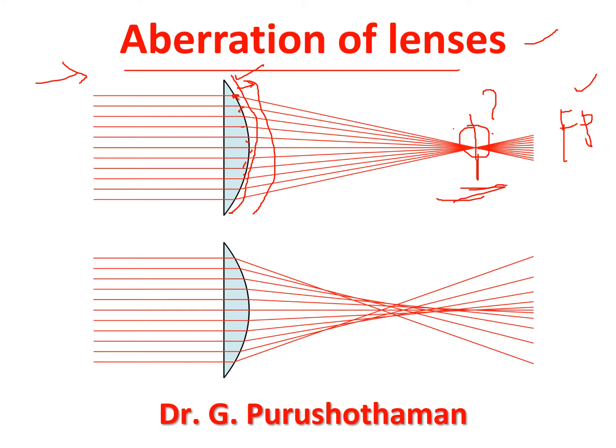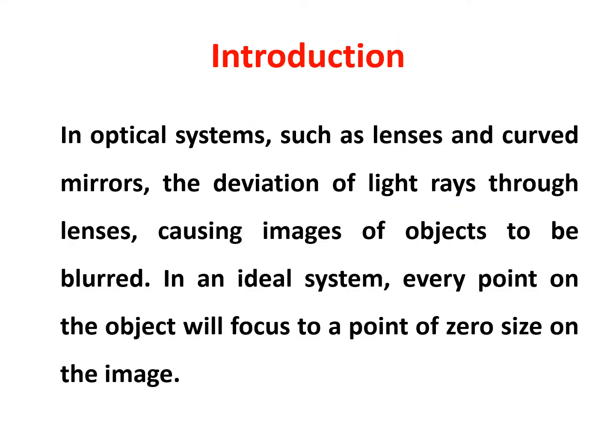Suppose it is not a proper curvature or there are any deformities on the surface of this lens, this will cause aberration in the focusing of the lens. Today's class is about the aberration of the lens. What do you mean by aberration of the lens?